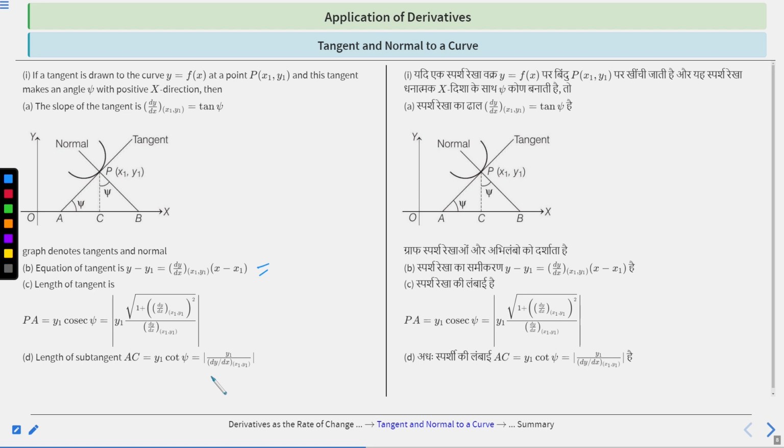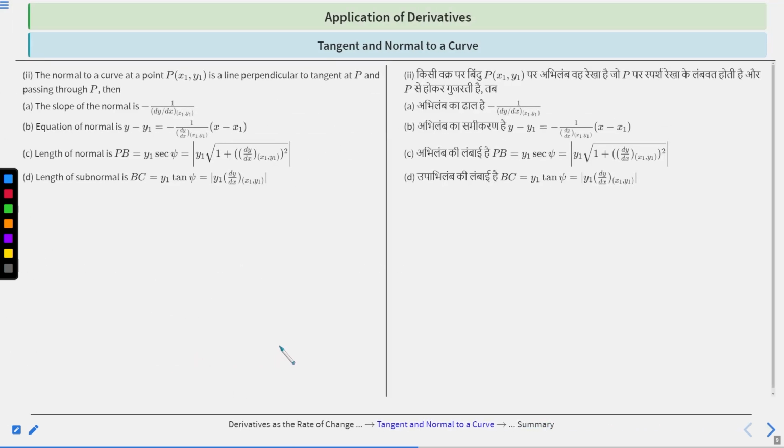Because tan psi is dy/dx at (x1, y1), so cot psi is 1 by dy/dx. Clear? So the length of the subtangent AC is mod of y1 upon dy/dx at (x1, y1). Why mod? Because it is a length, and length cannot be negative, right? Clear? So this is basically the tangent.